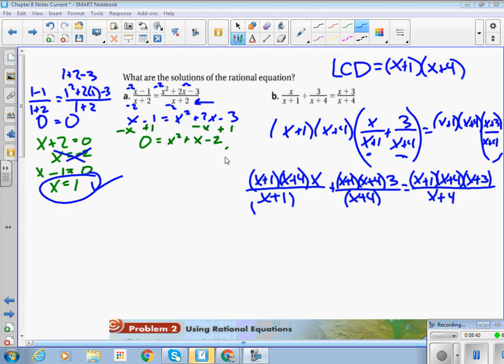So now the reason we did all this is so we can cross out our common terms. So the x plus 1 and the x plus 1 cancel here. The x plus 4 and the x plus 4 cancel here. And the x plus 4 and the x plus 4 cancel here. So rewritten, I'm going to go ahead and distribute the x into the remaining term, and then the 3 into this one.